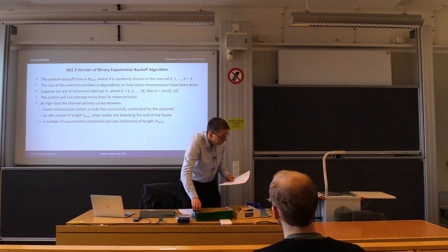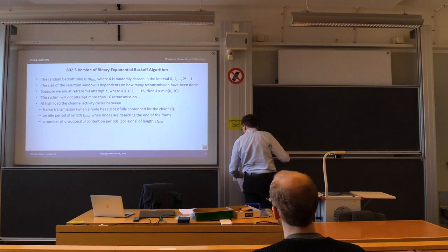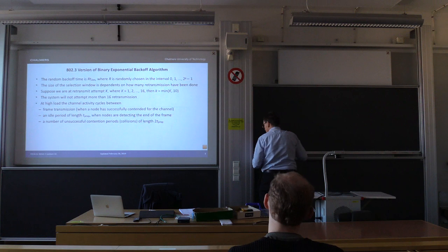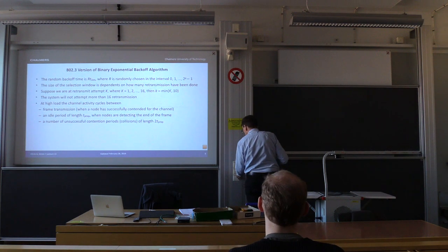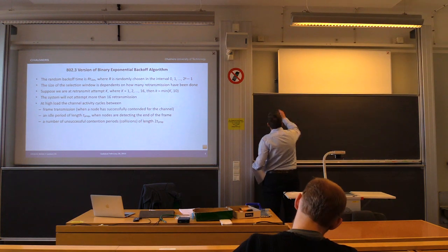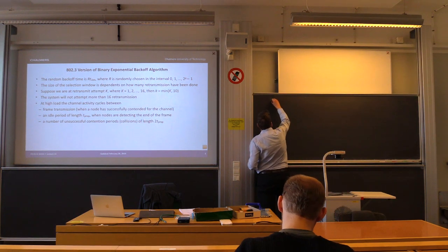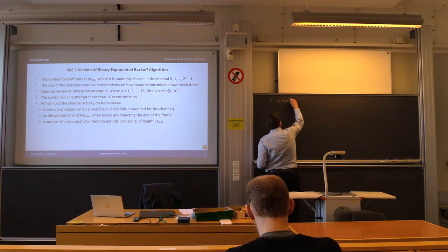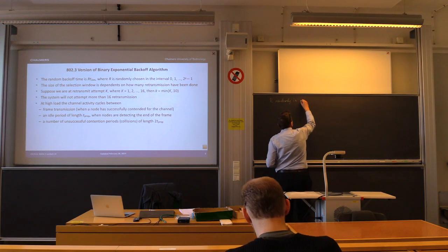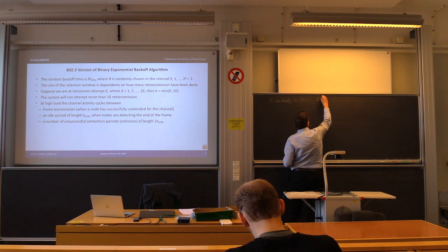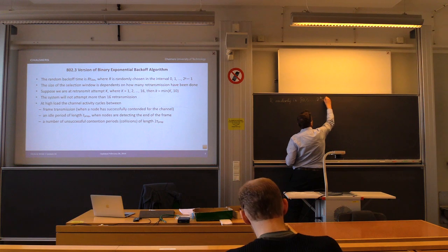Well, something like this. Let's see. So we choose R randomly in the interval from 0, 1 up to 2 to the power of k minus 1.